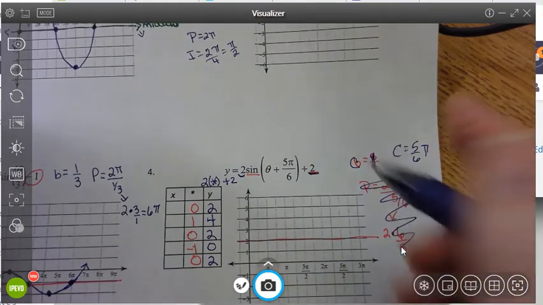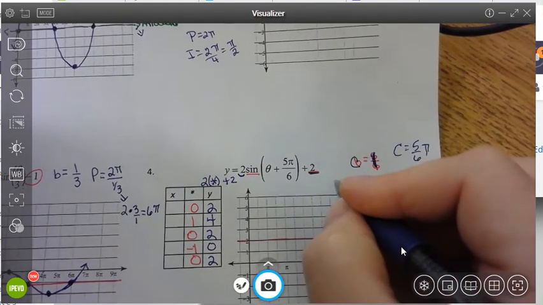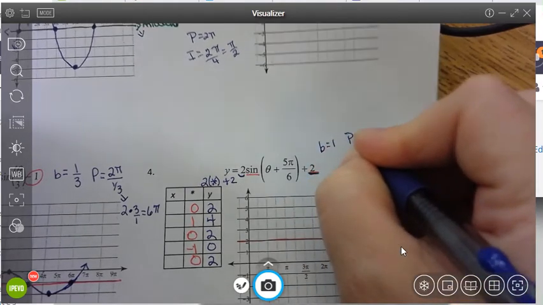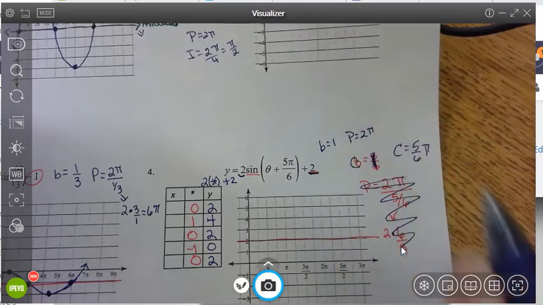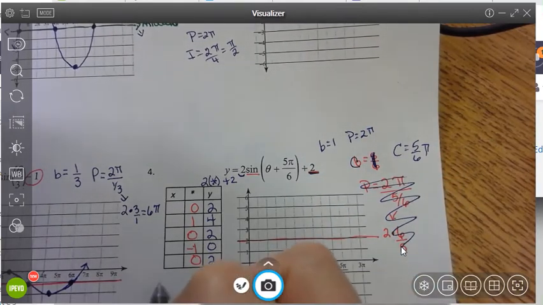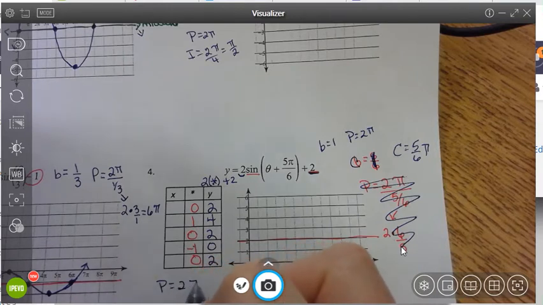Okay, B is 1, so that means 2 pi is where it's going to stop. B is 1, so the period is 2 pi. Not as bad as I thought. So that means if the period is 2 pi, our increments are 2 pi over 4, which is pi over 2.